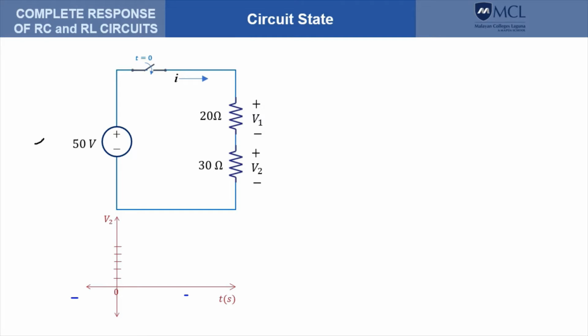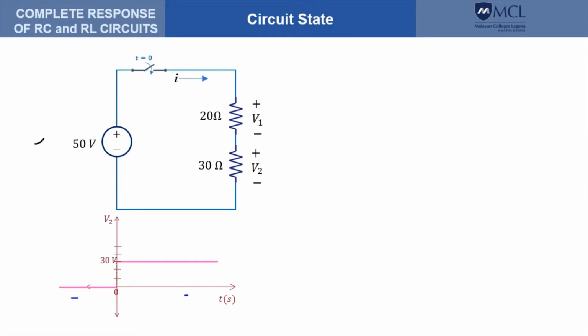So this is the plot of the voltage. We see that the voltage before t equals 0 is 0, and then at t equals 0 it jumps to 30 volts. So we can see that the voltage V2 is 0 before t equals 0 and jumps to a value of 30 volts at t equals 0 and stays on that value all throughout.